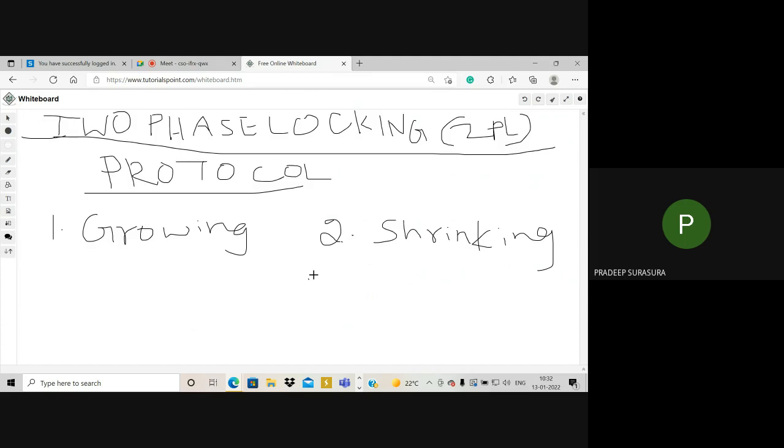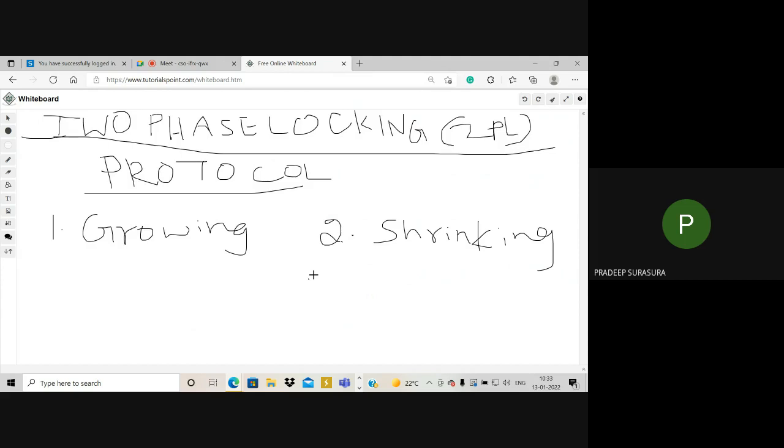In the shrinking phase, what happens? Any process that has already acquired a lock during the growing phase must release the lock at the shrinking phase.